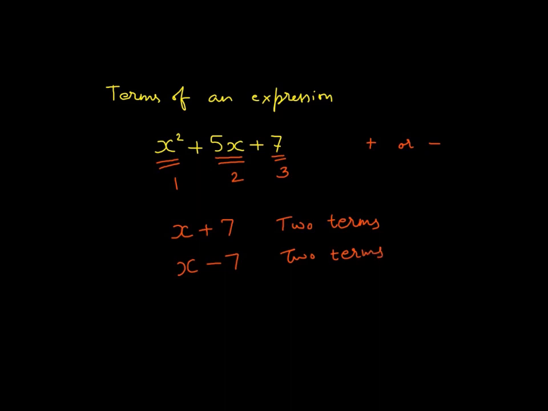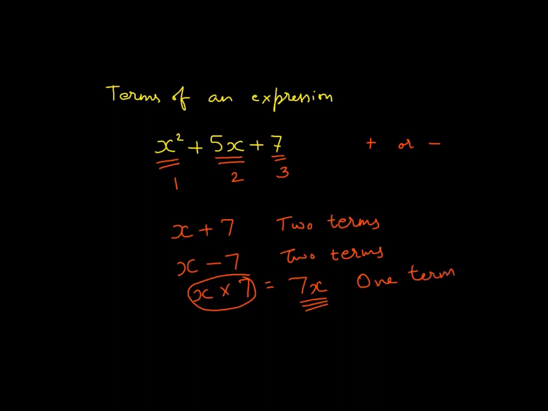But if I put a sign of multiplication between these two, suppose I'm multiplying x and 7, then this will be written as 7x, which will be treated as one term. 7 and x in this case are not two terms. They are making a single term, that is 7x is one term.